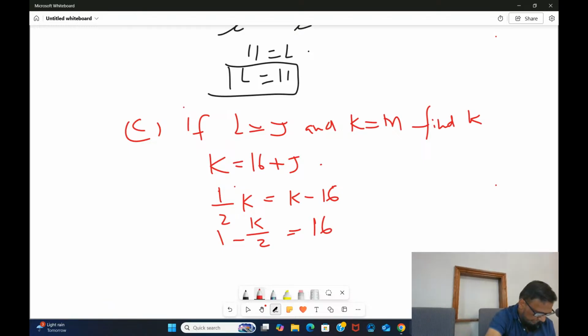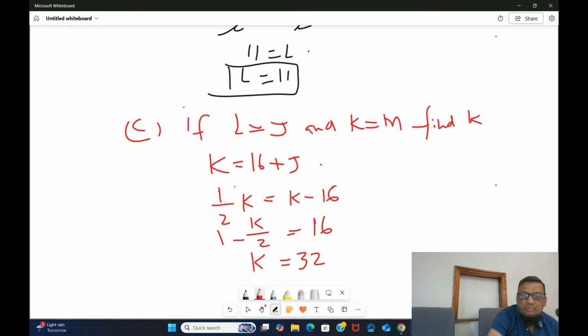So the K equal to 32. So this is the way we need to substitute the value, because it says L equal to J and K equal to M.